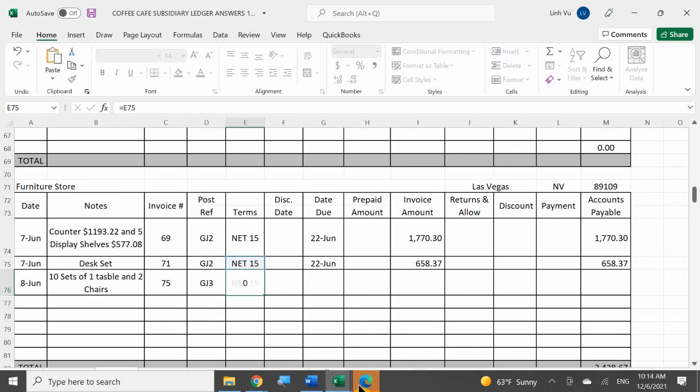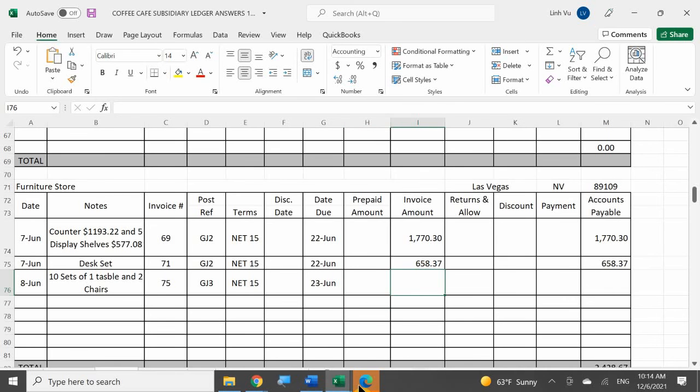We also got another net 15. So in this case, what is my actual due date for this bill? The 30th. The 23rd, because it's 15 days. Oh, yeah. Whoops. No worries, okay?